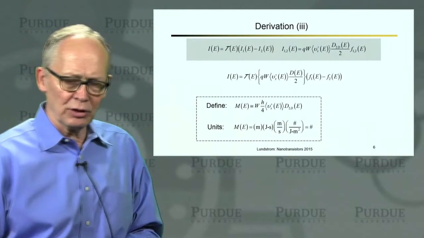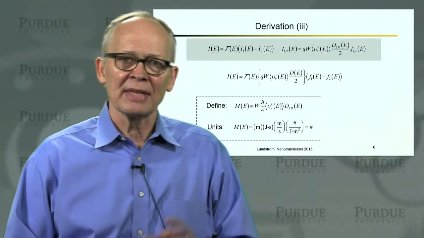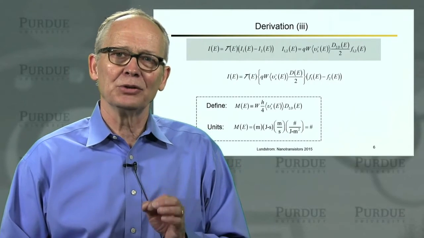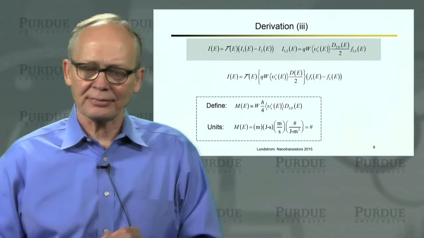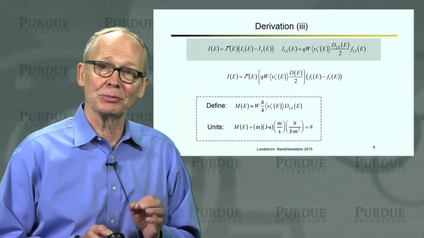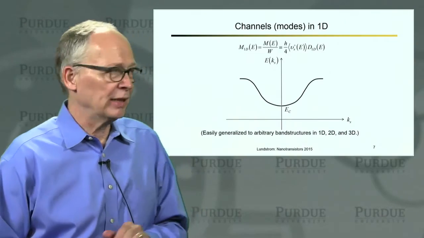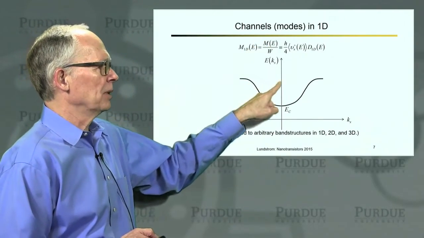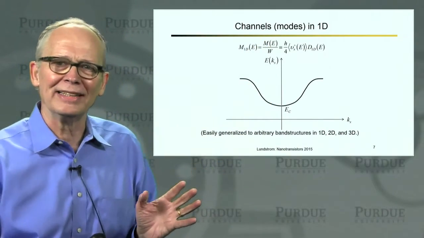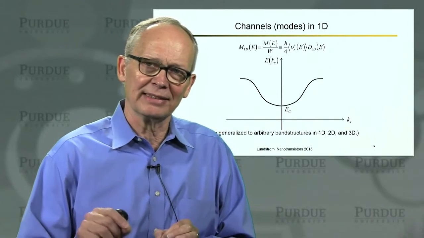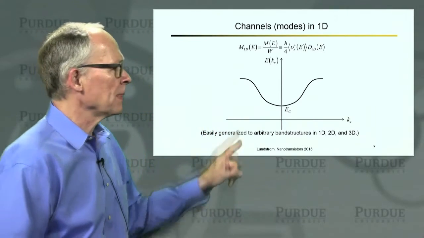So if you look at all of that, everything cancels out. This quantity has no units. It's just a number. And what is the interpretation of that number? Well, the interpretation is quite simple. Here's the formula. But let's go back to 1D now. Think of a nanowire because it's easier to visualize it in 1D.